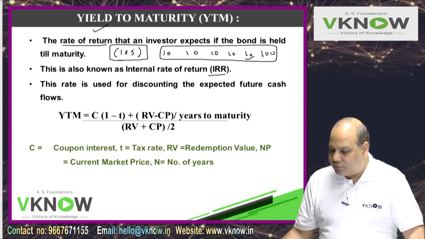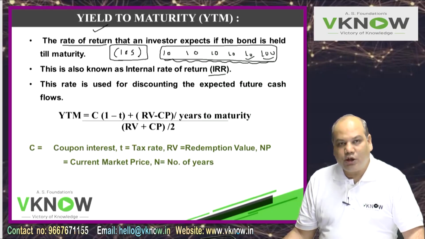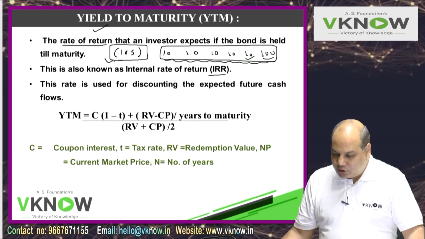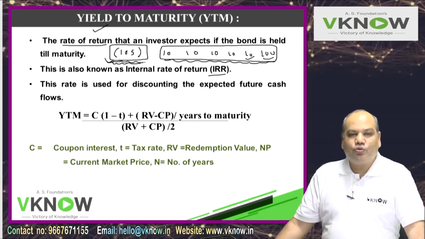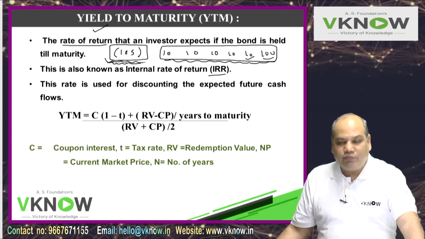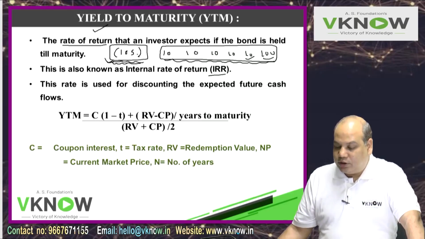This is also year 5. So basically you have to find out what is that rate of discount at which the present value of future cash inflow is equal to the present value of the amount invested today, that is outflow 105. This is what we used to call in capital budgeting IRR, internal rate of return.